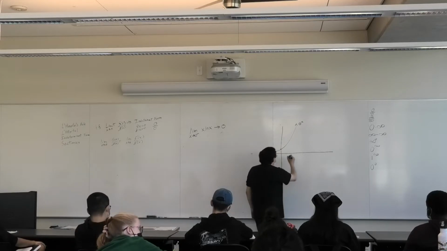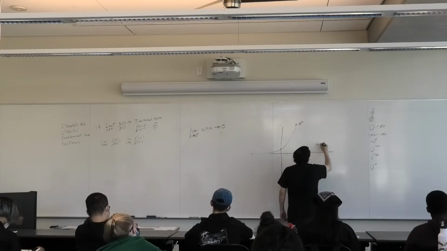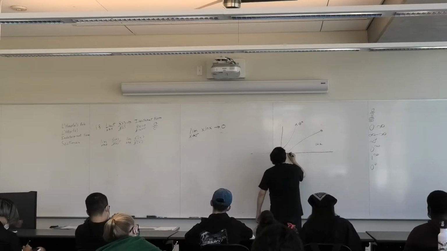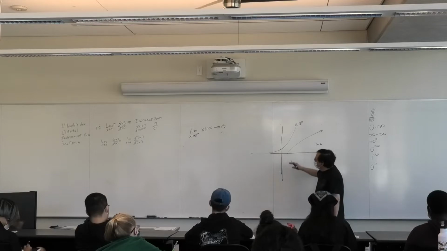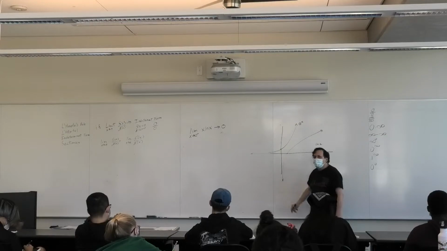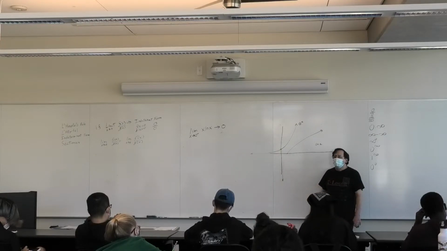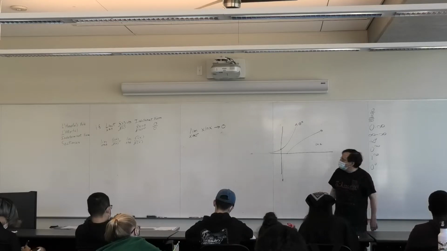So the inverse, natural log of x, will look like this. And now you can see why we want to come at this from the right. What happens here? Is it approaching negative infinity? Absolutely.